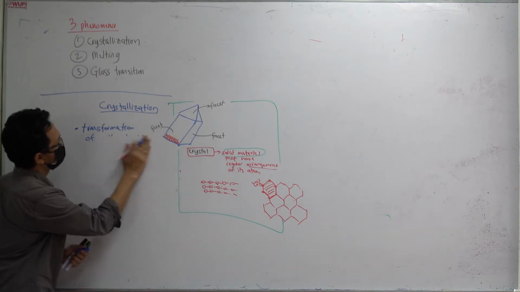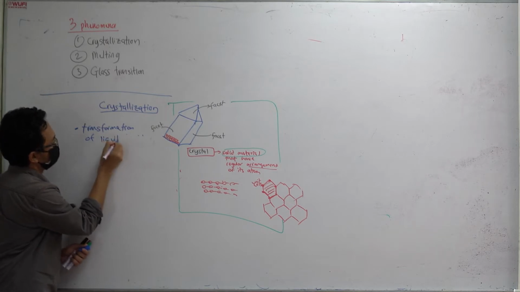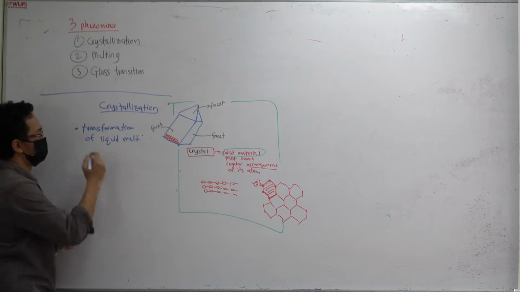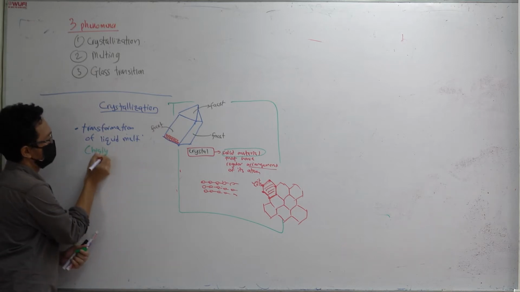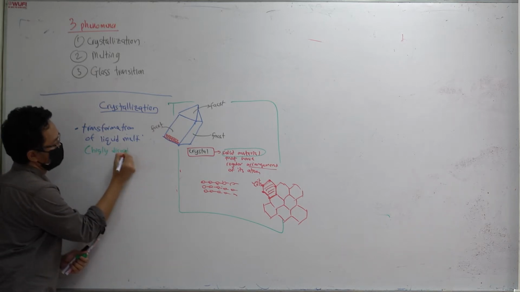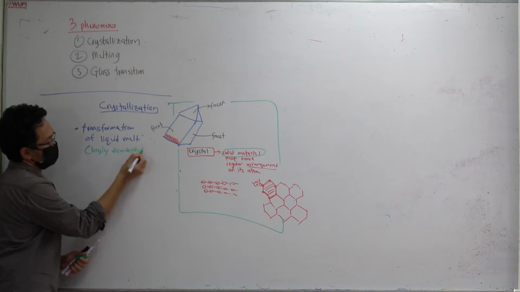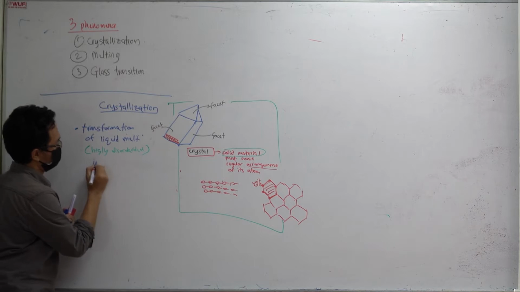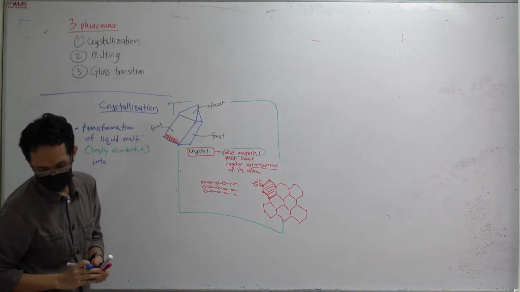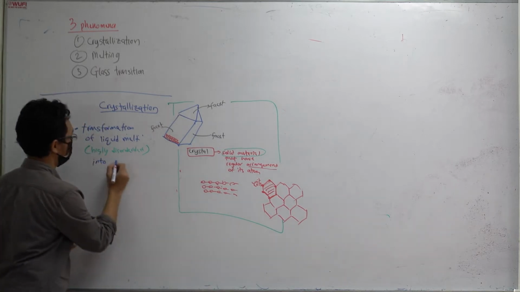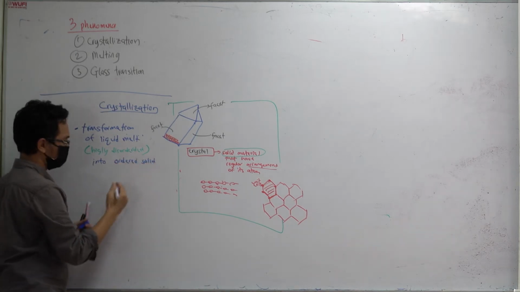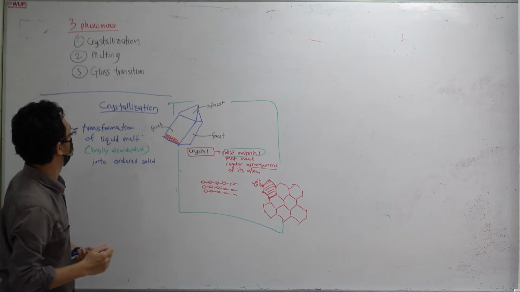Normally we call it liquid melt, and this liquid melt has a highly disordered arrangement, into an ordered solid. So that is basically crystallization.